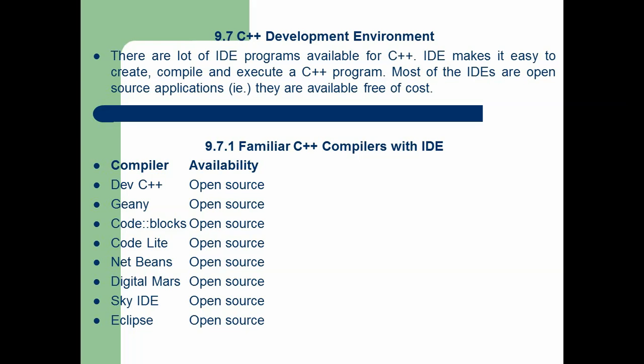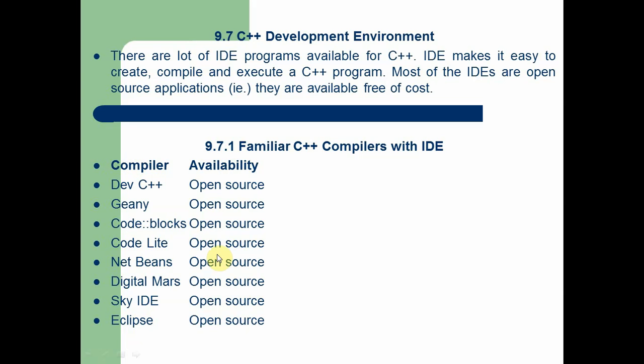There is no money to pay for using or downloading the software. Here you can see different compilers, namely Dev C++, Geany, Code Blocks, CodeLite, NetBeans, Digital Mars, Sky IDE, Eclipse. These are the compilers which come under open source.